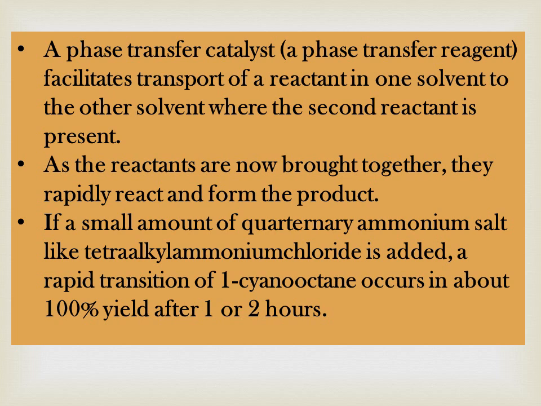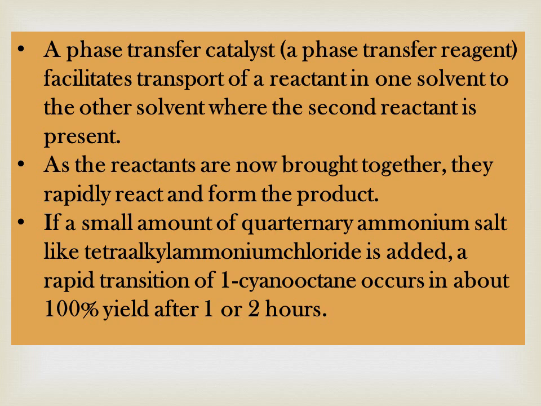If a small amount, so here the example is a quaternary ammonium salt like tetraalkyl ammonium chloride. You can understand the structure or the formula of tetraalkyl ammonium chloride. You know ammonium chloride is NH4Cl. In tetraalkyl ammonium chloride, instead of H4, H is replaced by R. Then it is NR4+ Cl-, tetraalkyl ammonium chloride.